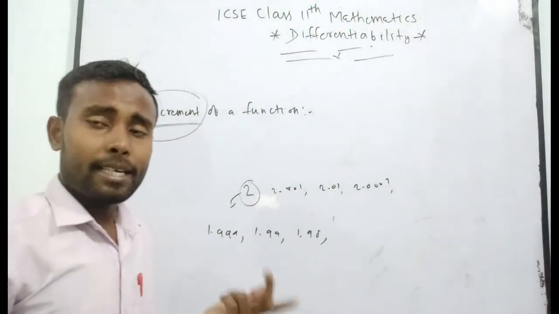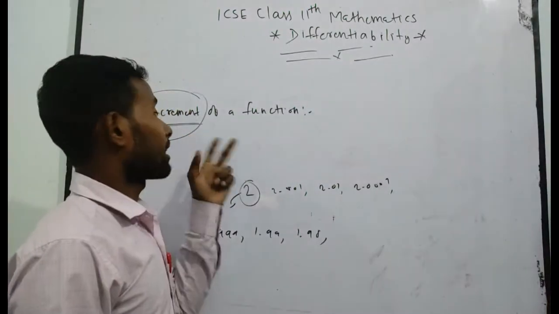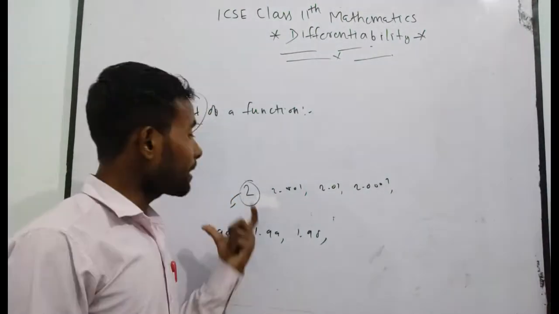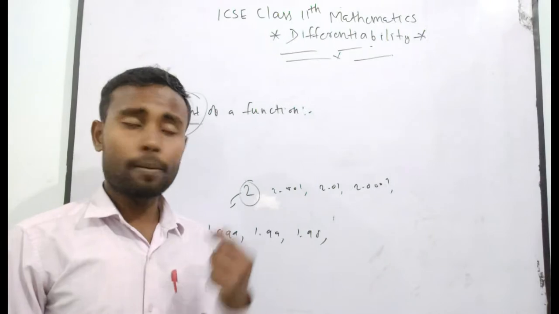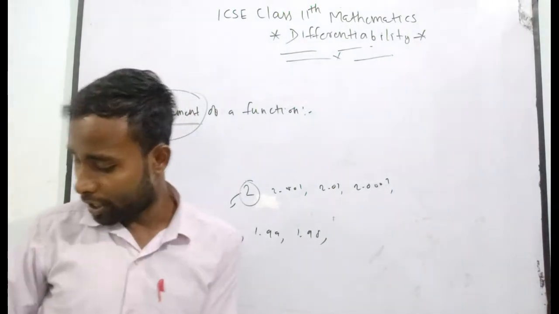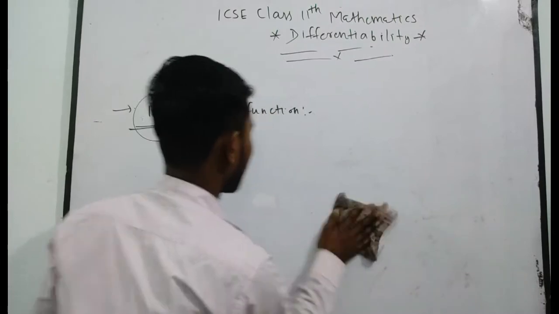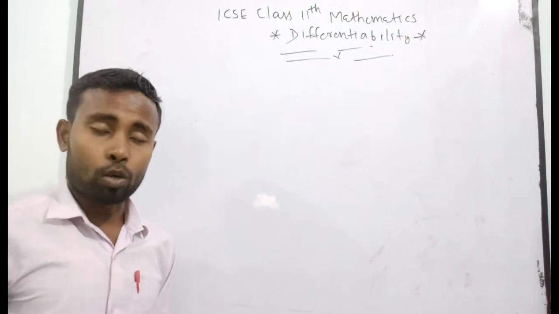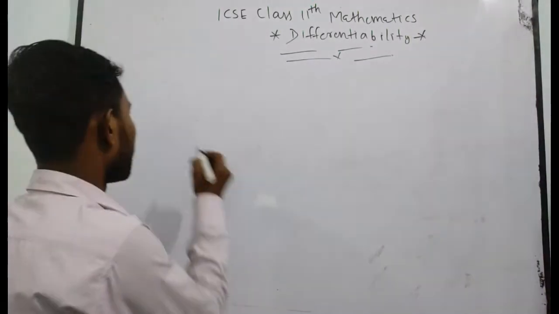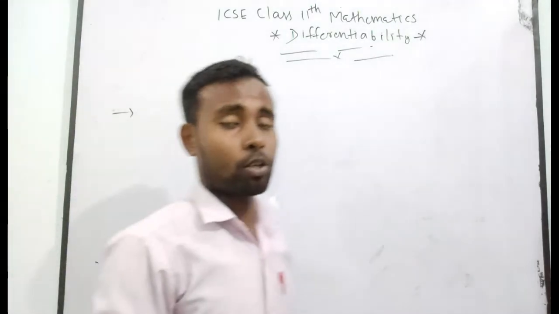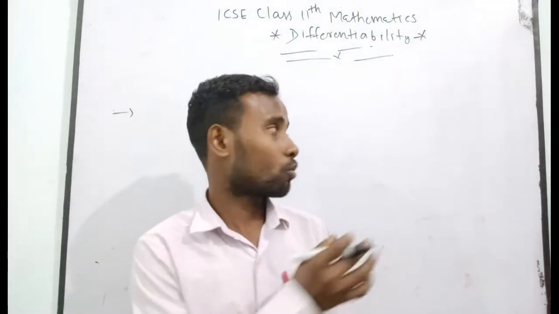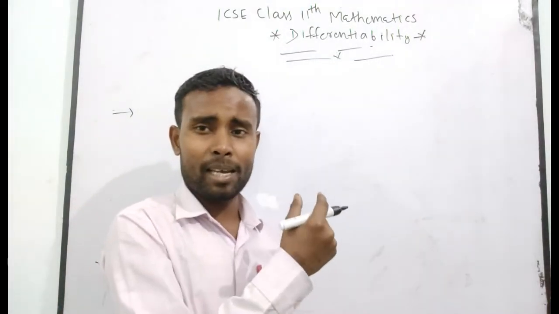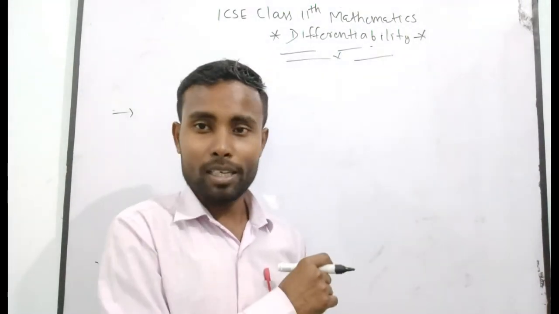So be careful here. Increment means maybe decreasing, maybe increasing. Don't assume increment means we take only values greater than 2 or only less than 2. Now, increment is very important here. You see fx is a function, y is equal to fx, and you have to find the slope of y is equal to fx, or the tangent. In that case, you take two neighboring points, a minus h and a plus h.